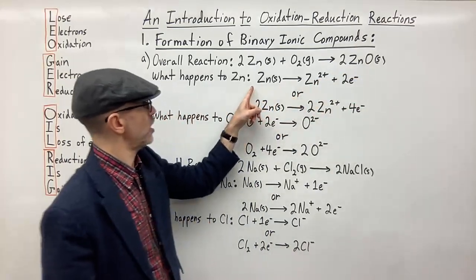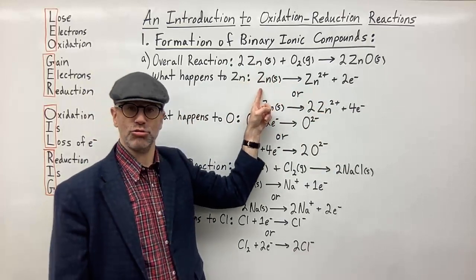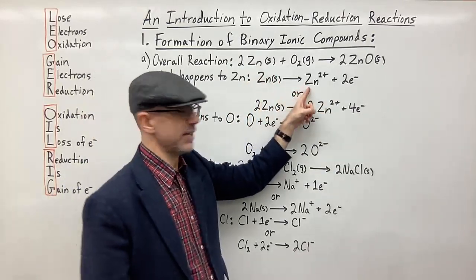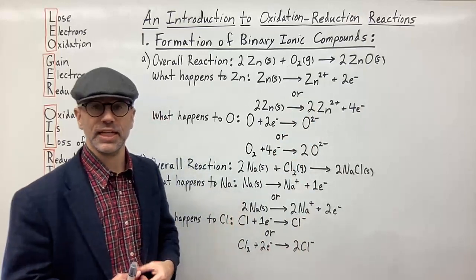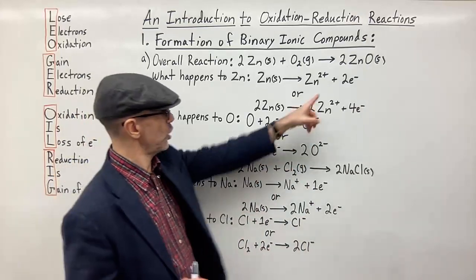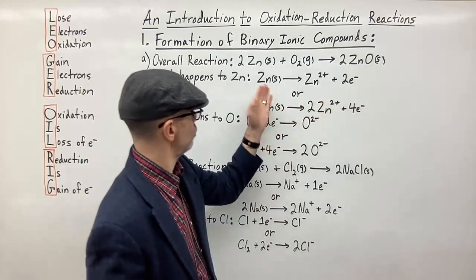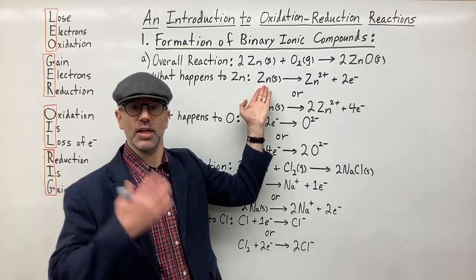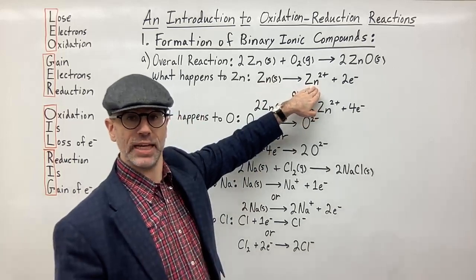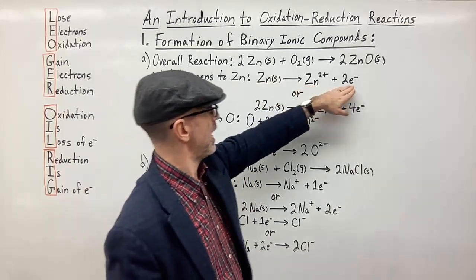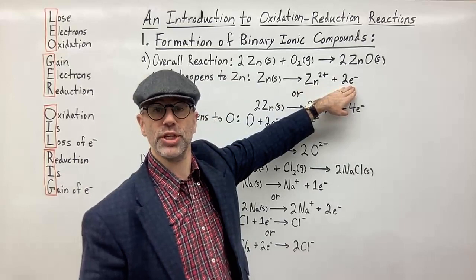So we're going from a neutral zinc atom to zinc with a 2+ charge. The only way that happens is if zinc loses 2 electrons. So here we have the 2 electrons.